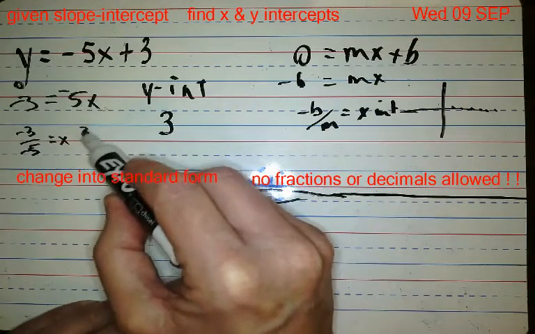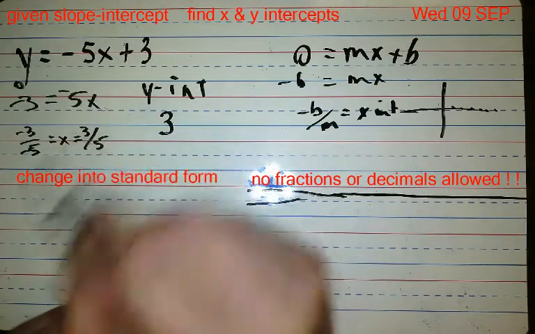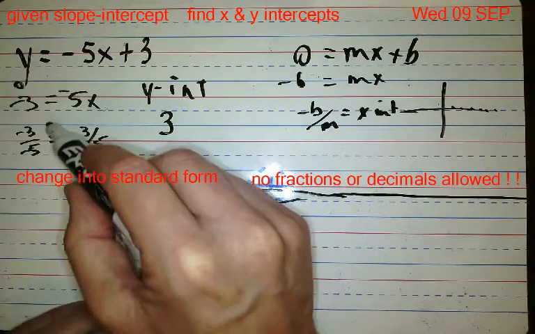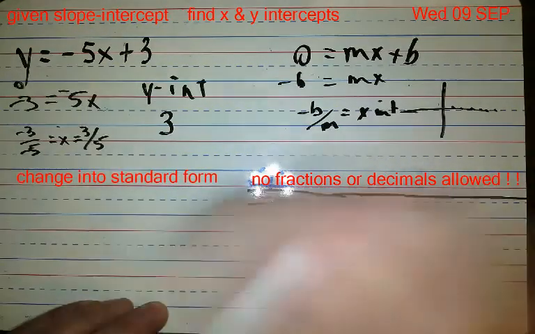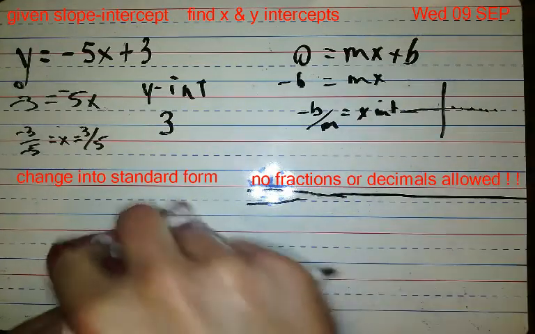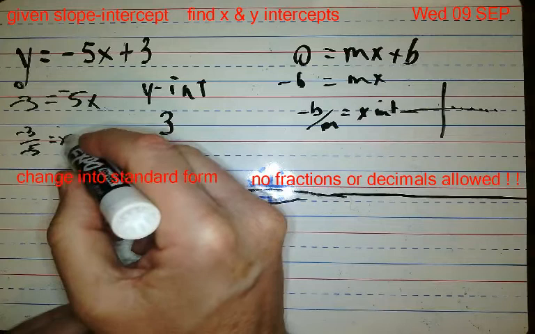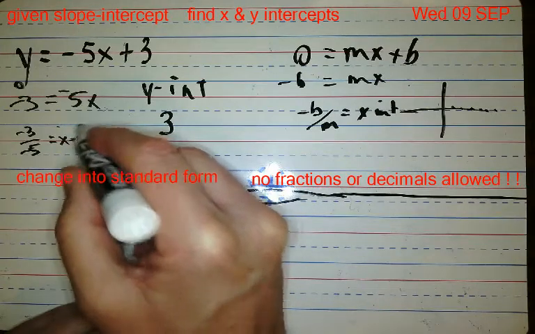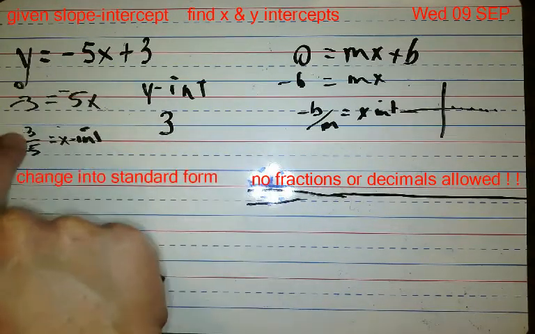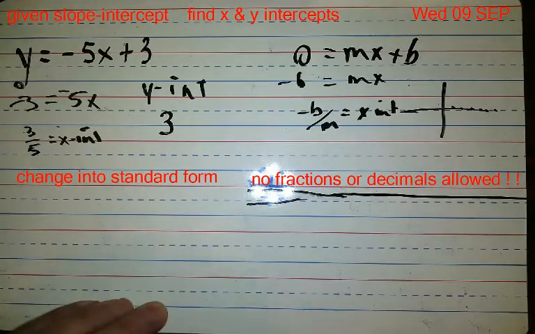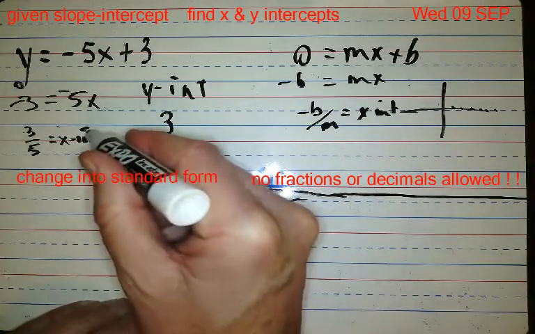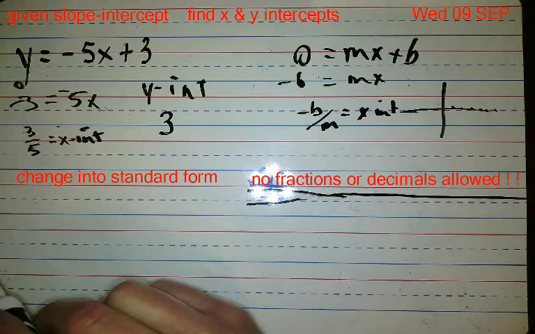So your answer is 3/5. If you want a decimal answer, then you can write it as a decimal. So the x-intercept is, we're going to get rid of those minus signs. Negative divided by negative is positive. So the x-intercept is 3/5.